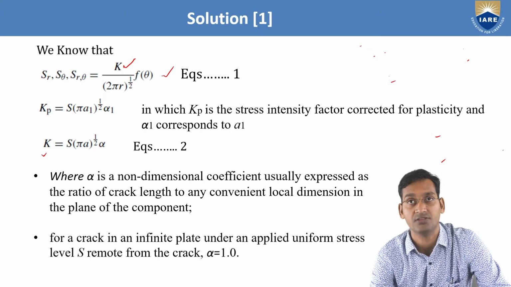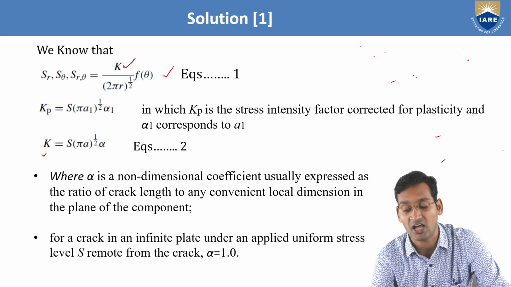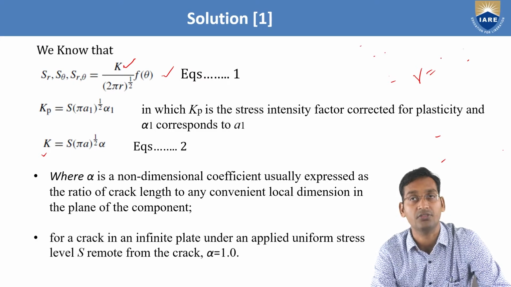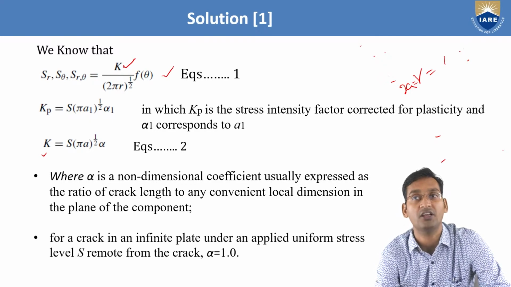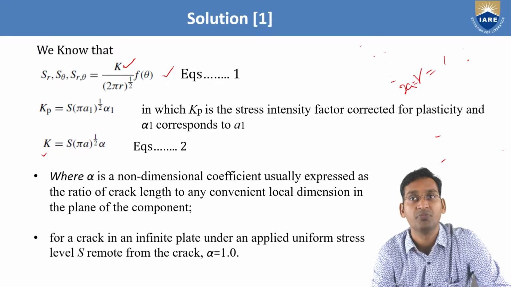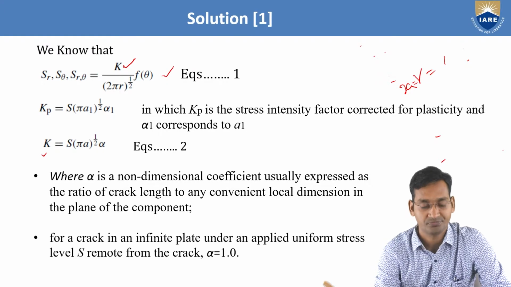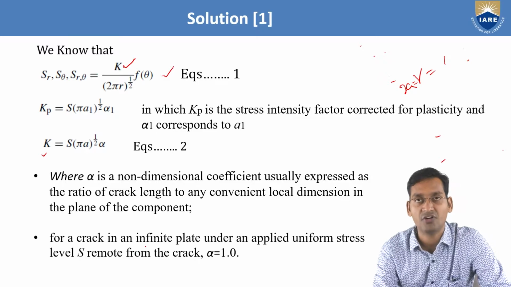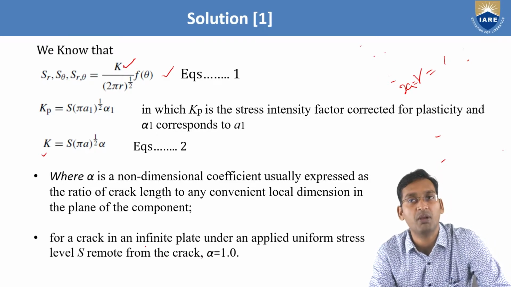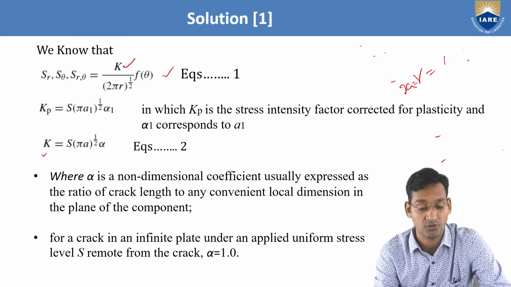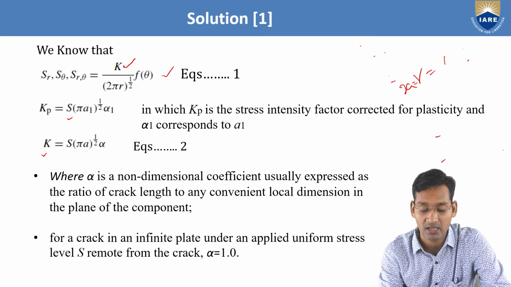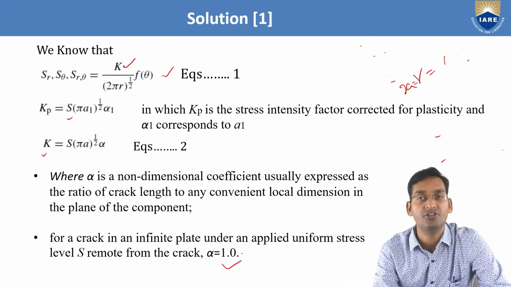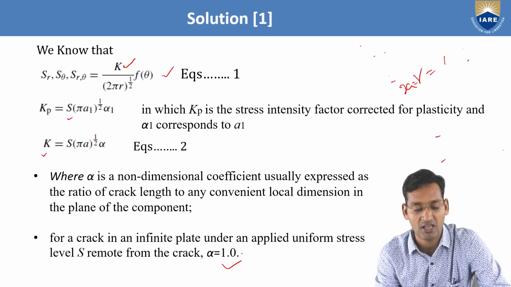We had already seen that 2A was the crack length, and R we assumed where we are finding, so this R should be less than or equal to A. For a crack in an infinite plate under an applied uniform stress level S, S is the applied stress removed from the crack. Alpha is 1.0, so here we will take alpha as 1.